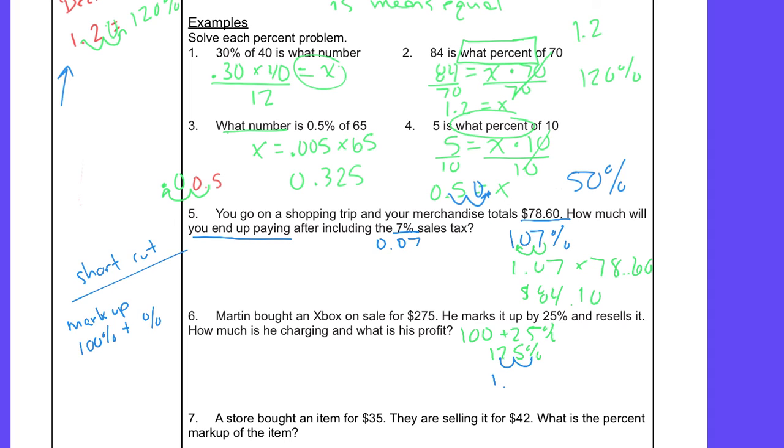So I get 1.25. And I'm going to multiply that by the $275 he paid. So that means that he is now going to charge $343.75 for that Xbox that he only paid $275 for. So he's making a 25% profit.